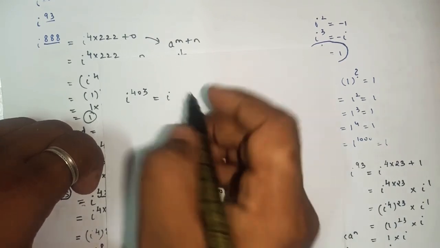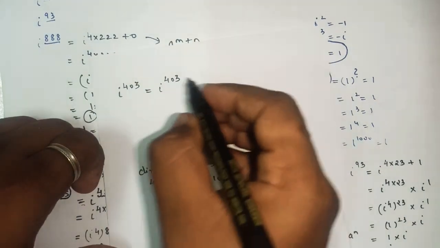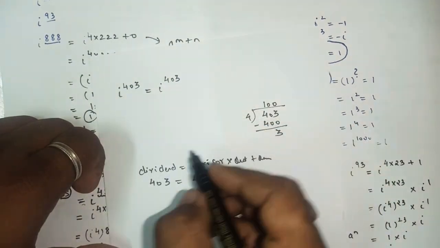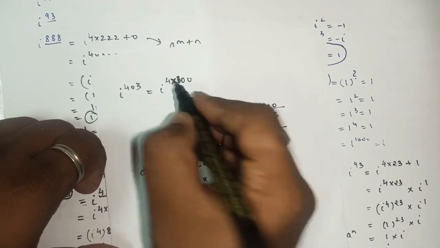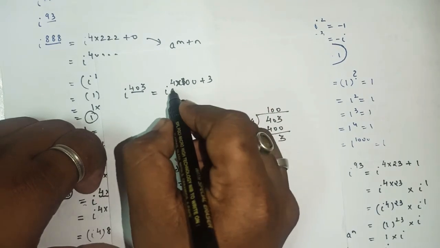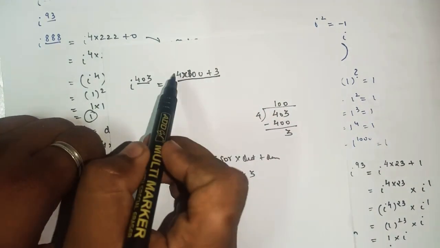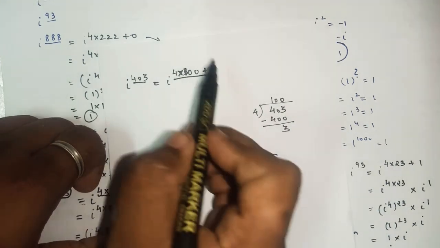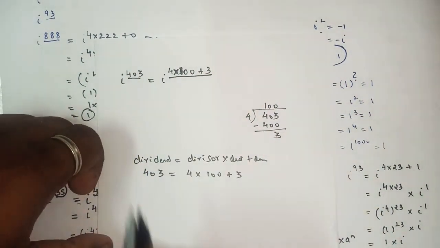So 403 we can break as 4 into 100 plus 3. So consider this as dividend equals divisor into quotient plus remainder. I hope you understood how to frame this step and find your answer.